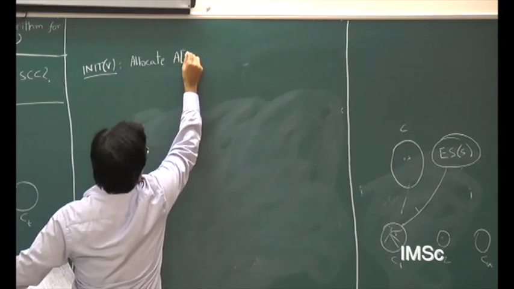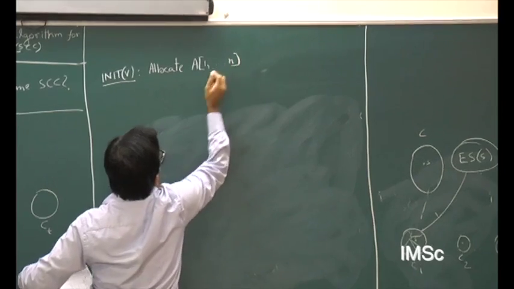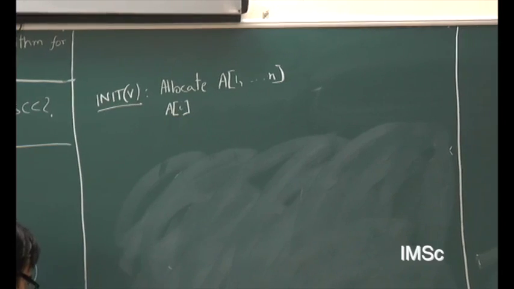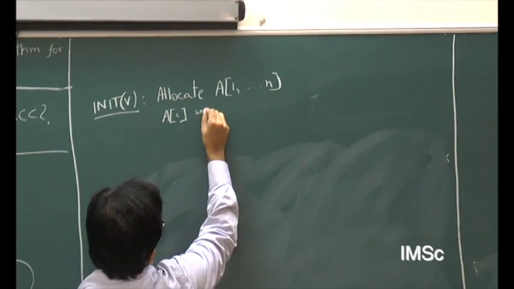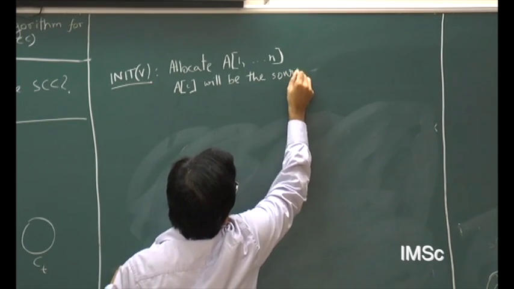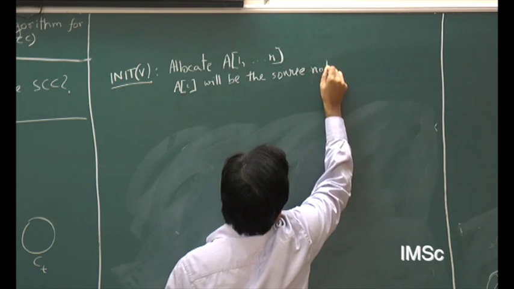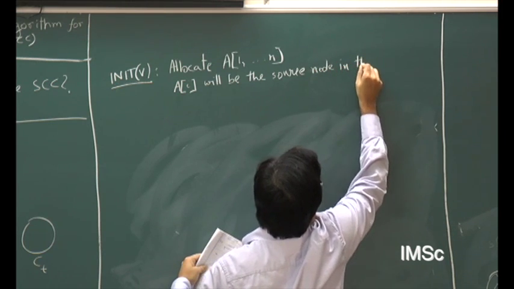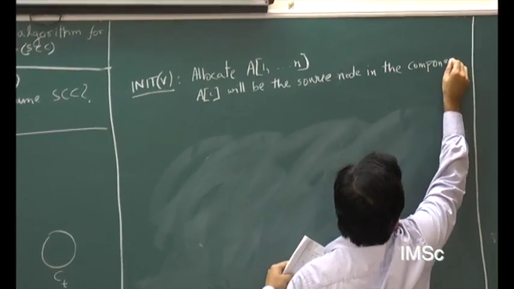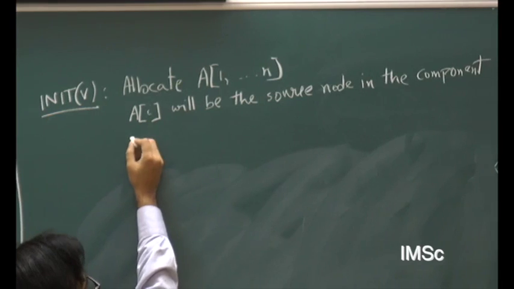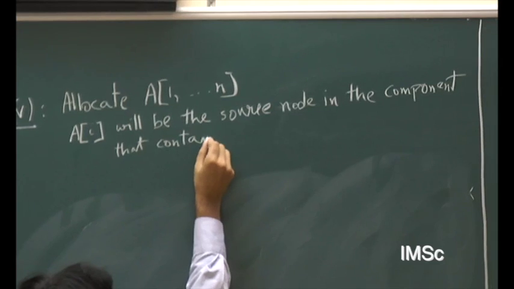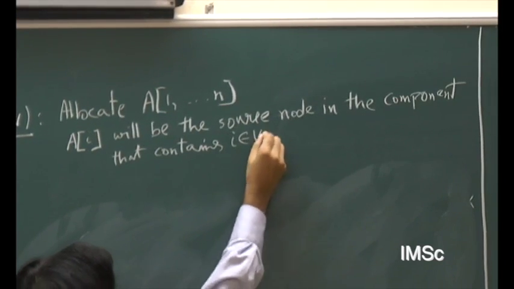You just allocate an array of size n where a_i will be the source node in a component that contains i. Okay.